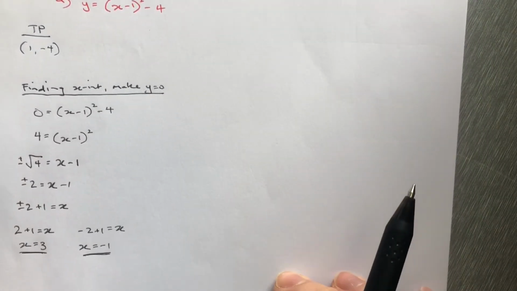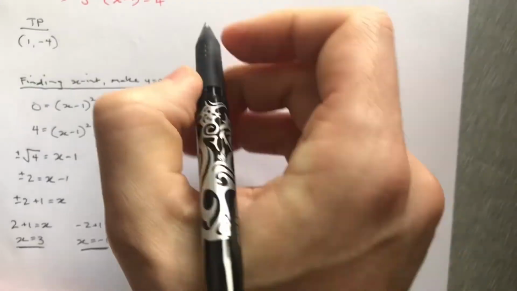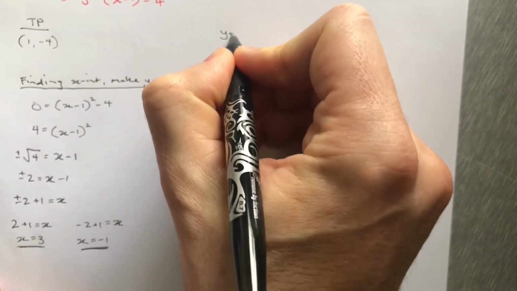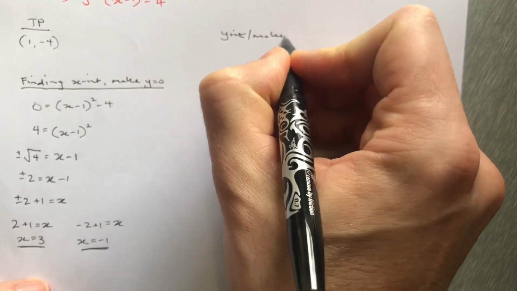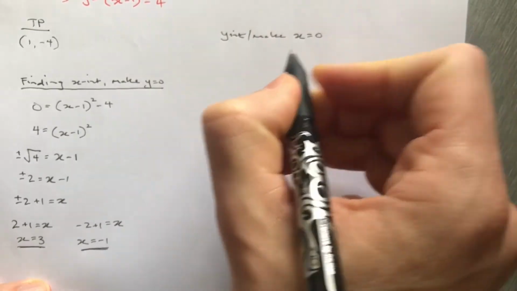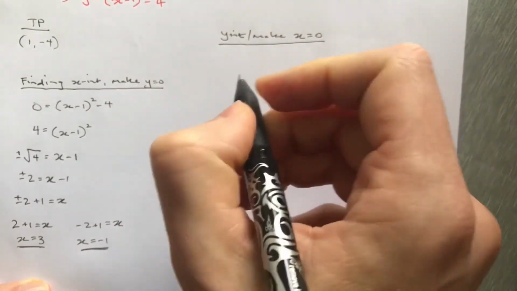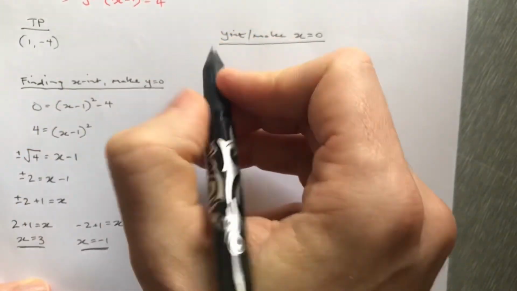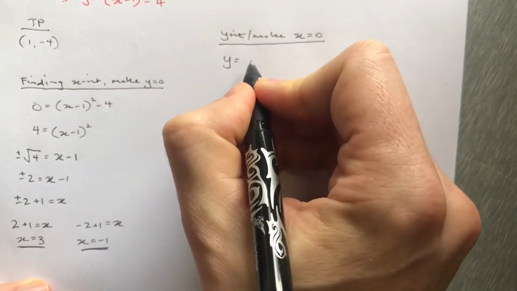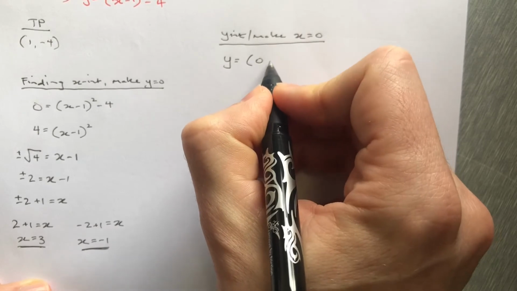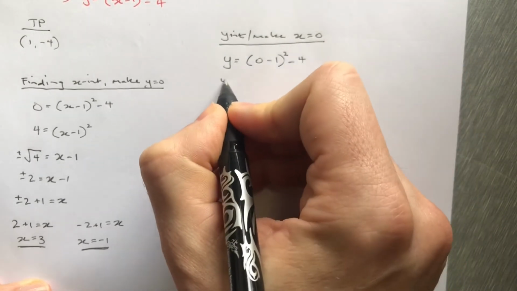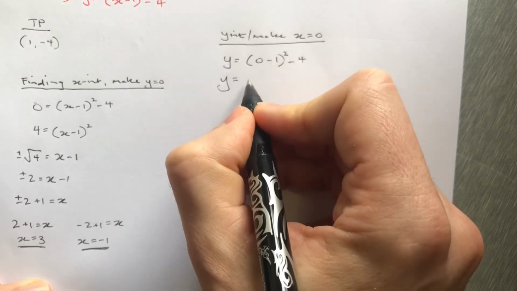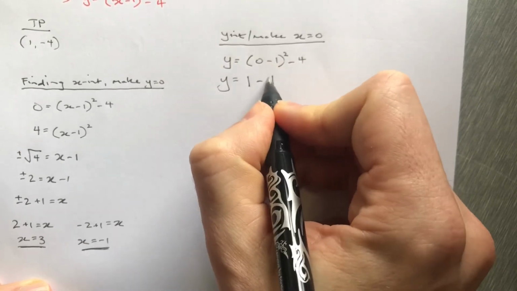All right, so we find our y-intercept by making x equals 0. Okay, now here's our rule. We just need to make x equals 0. So y equals (0 minus 1) squared minus 4. Okay, -1 squared is 1, then minus 4.